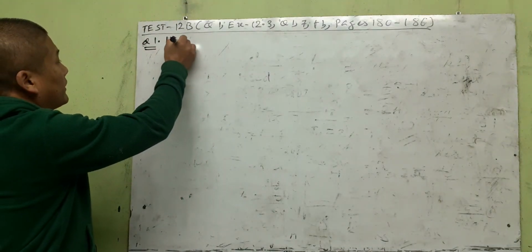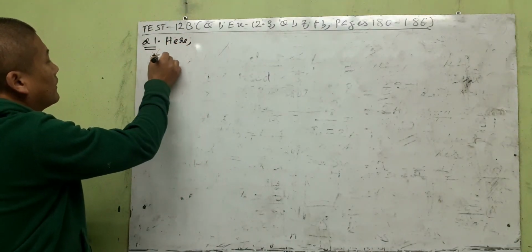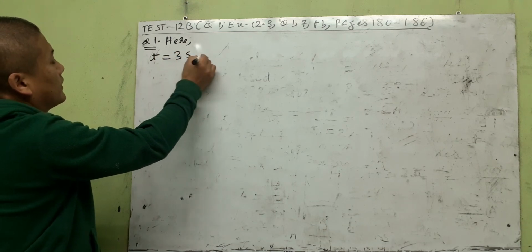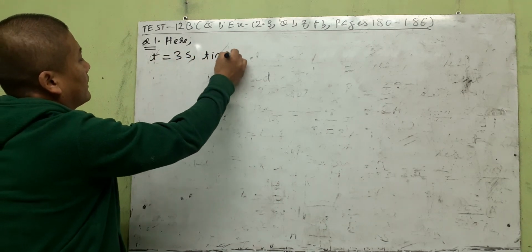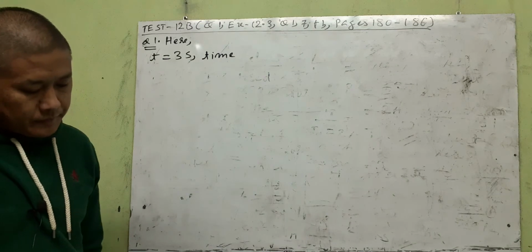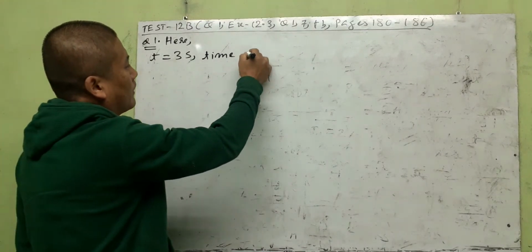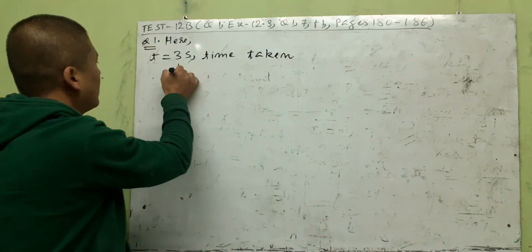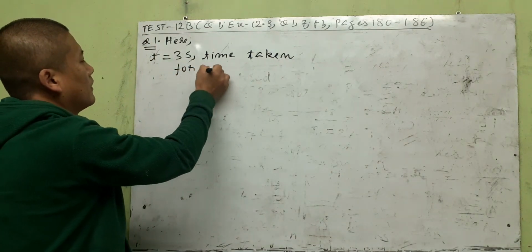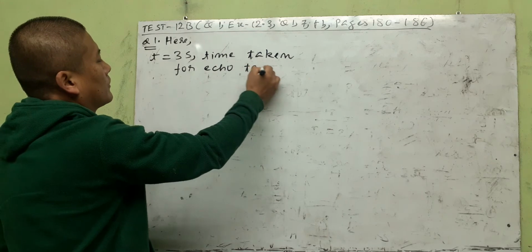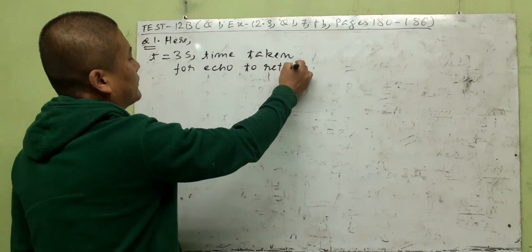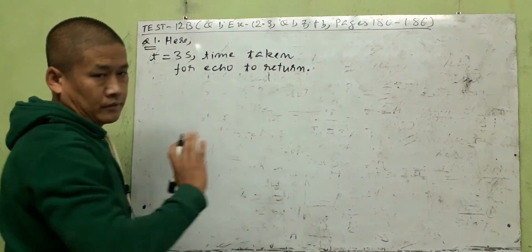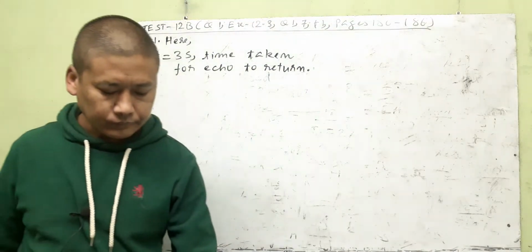As we read the question, t, which is 3 seconds, is the time taken for the echo to return, according to the language of the text, meaning to return to the source of the sound. Okay.